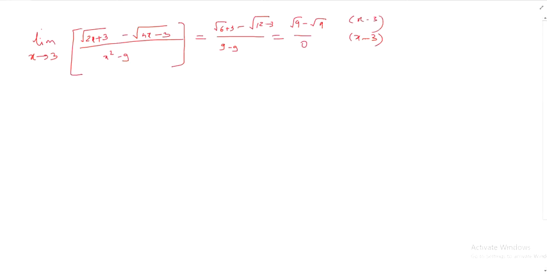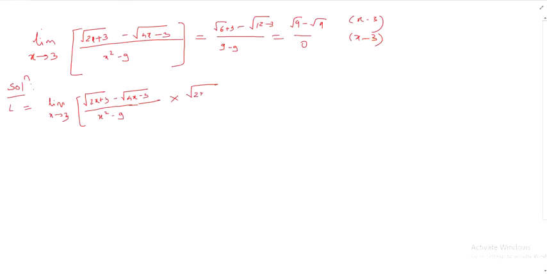so it also has a common factor, that is x minus 3. So let us find out that factor, and for finding such a factor we have to rationalize the given function. So by using the rationalization method, let us say limit x tends to 3 in bracket under root 2x plus 3 minus under root 4x minus 3 upon x square minus 9 into, here we have to multiply and divide this term by its complex conjugate.